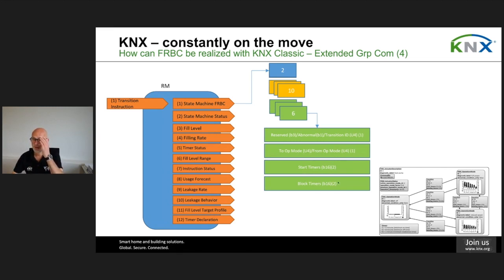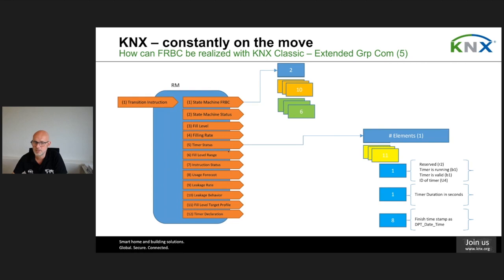And by the way, we have decided not to communicate each time the exact timing value. Instead of that, we have designed a separate timer status that informs about the number of elements.